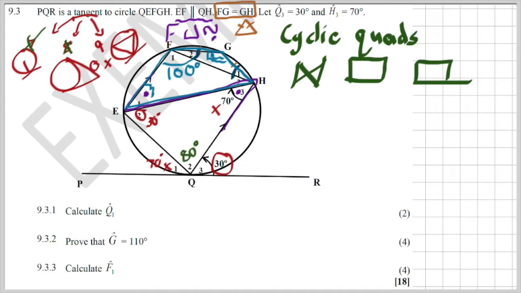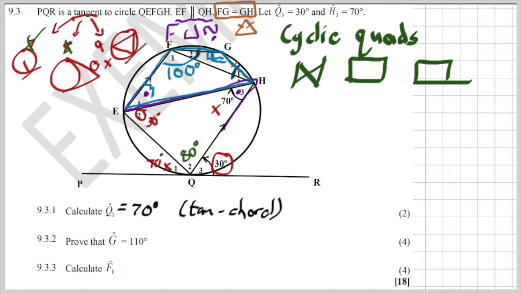Let's start with the first question, because now I'm actually going to go over to this question. What do I know about Q1? Oh, but sir, Q1 is 70 degrees because of tan chord. Ta-da! 2 marks. I now have to get to angle G. But which angle does G relate to? G relates to E1. So I must first of all get E1.